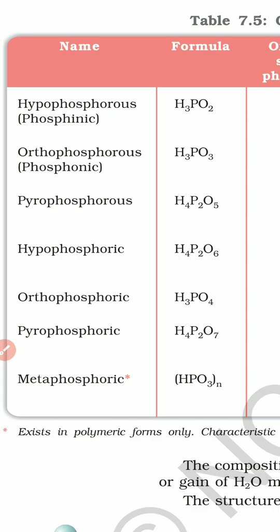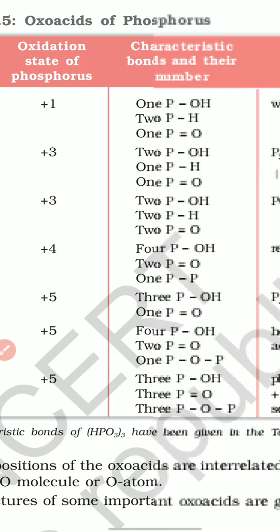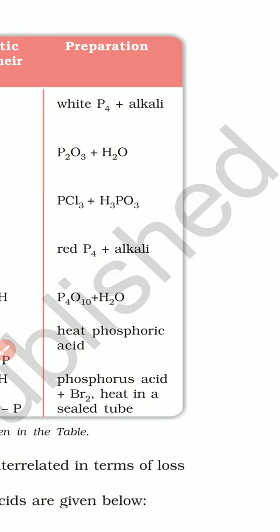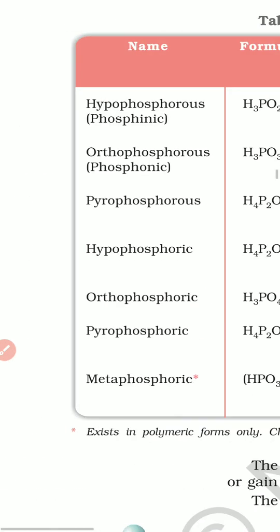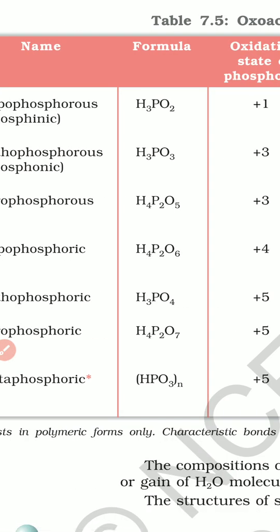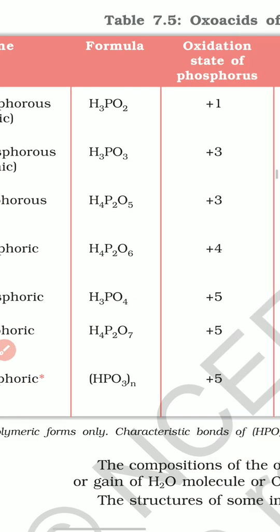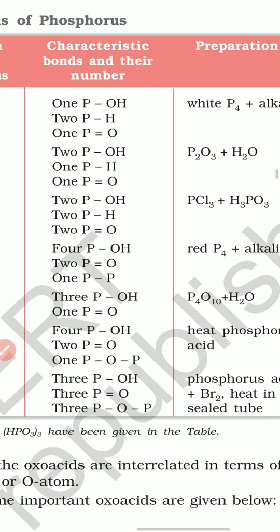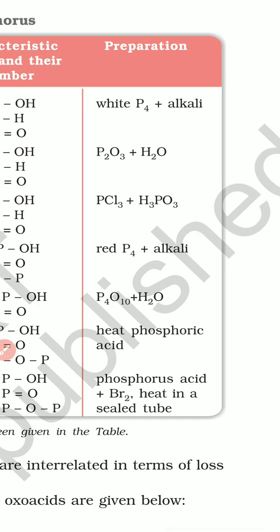Next one is orthophosphoric acid. How will you get it? Phosphorus pentoxide reacts with the water molecule, and we will get orthophosphoric acid. Next one is pyrophosphoric acid, H4P2O7. How can you get it? If we apply heat energy to phosphoric acid, we will get pyrophosphoric acid.